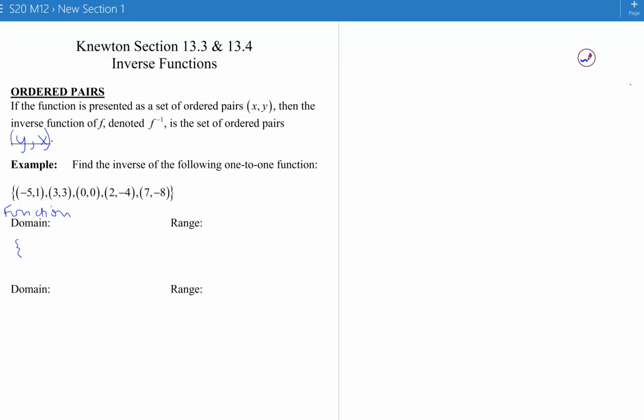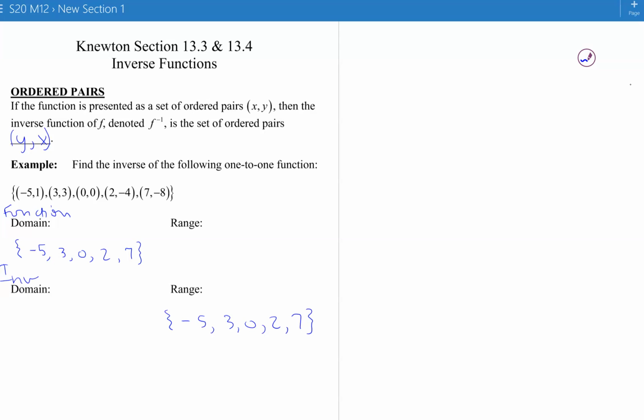the domain is the list of x values. So it's a discrete list. It's not an interval or a group of continuous numbers of x values. It's discrete, 5 different x values. So then that is going to be the range of the inverse function.